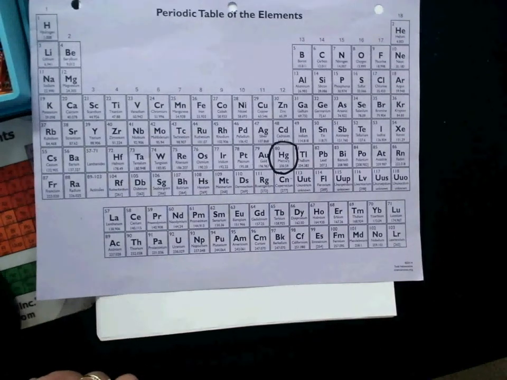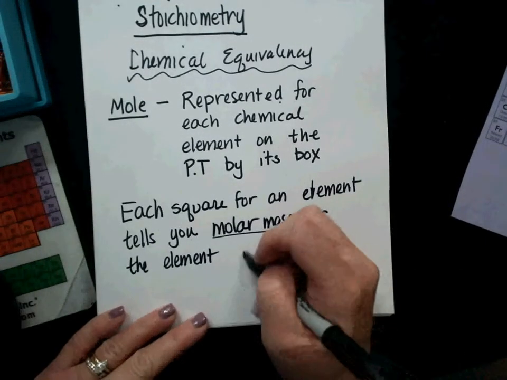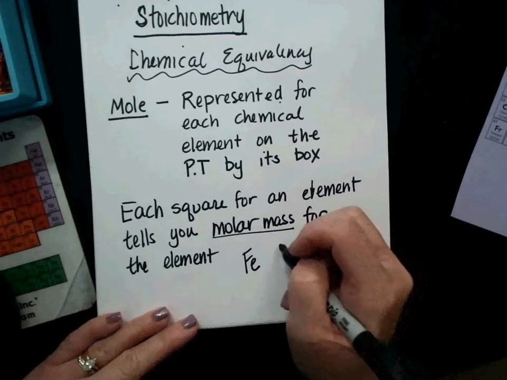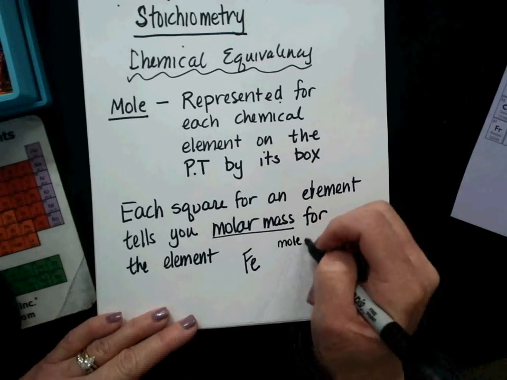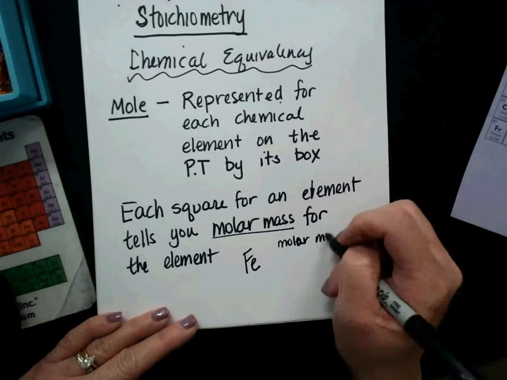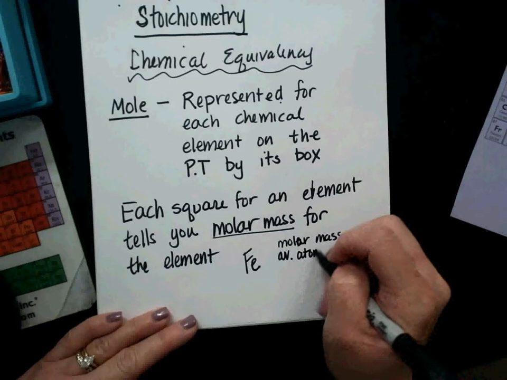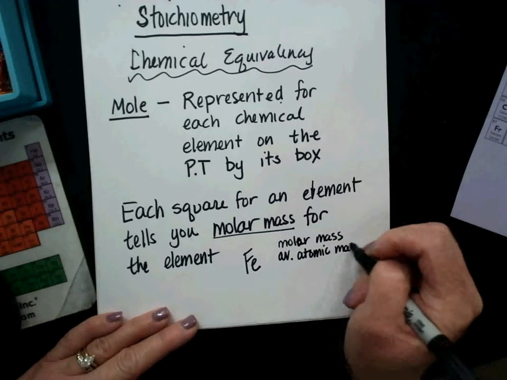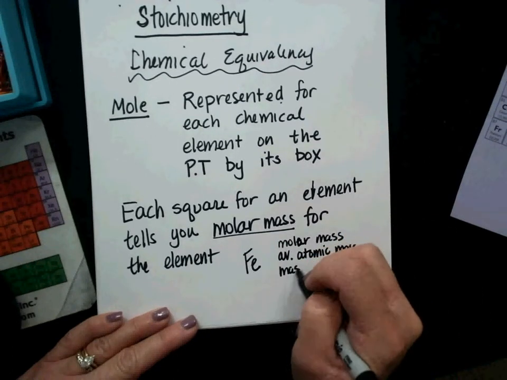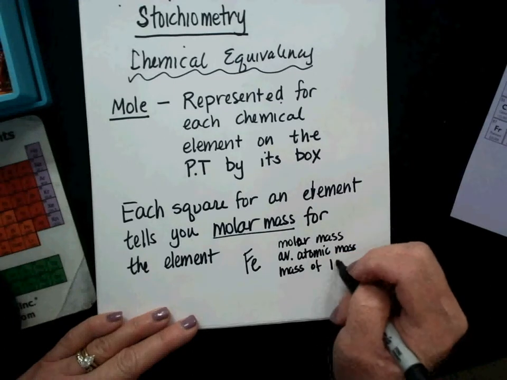I can say the mass of 1 mole is 200.59. So I can take that one number and that one square and figure all of those things out. So take a minute and find iron. Let's find Fe, and I want you to find molar mass, average atomic mass, the mass of 1 mole.